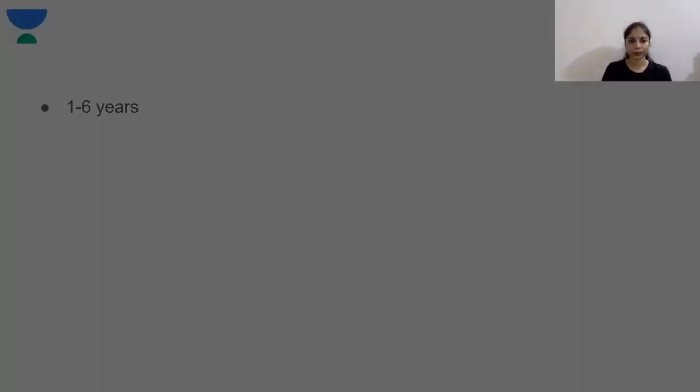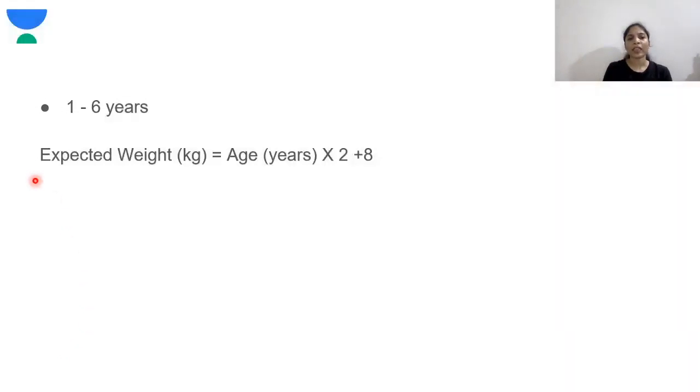Got it? Likewise, for a 1 to 6-year-old child, the expected weight is calculated by age in years into 2, plus 8. So if the child is 5 years old, 5 into 2 is 10, 10 plus 8 is 18 kgs.